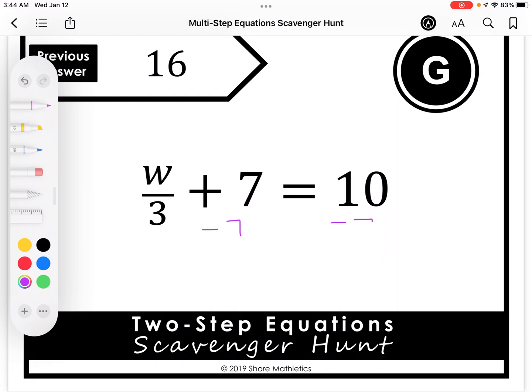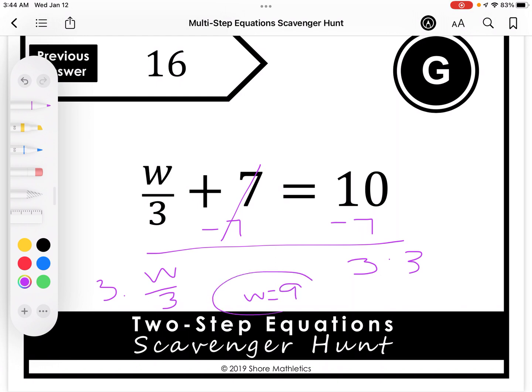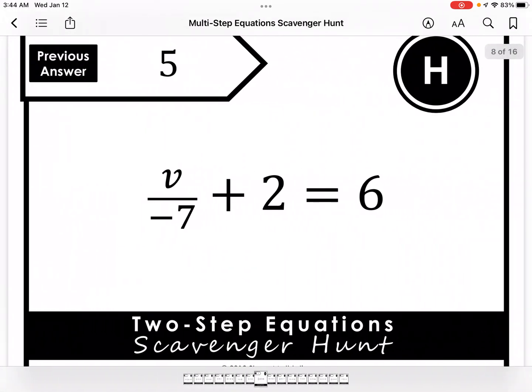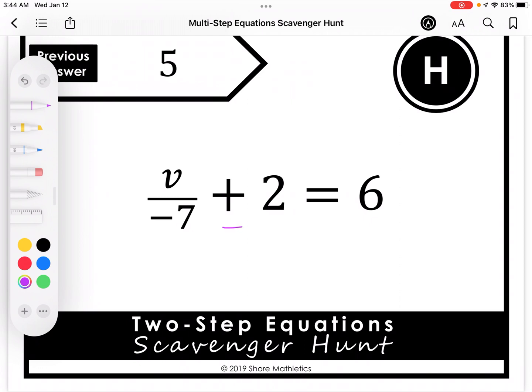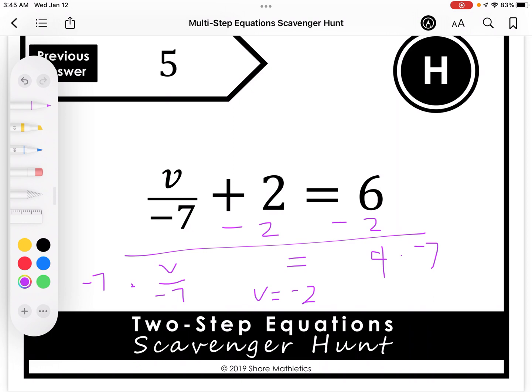Minus 7. 10 minus 7 is 3. W divided by 3, I'm going to multiply by 3 on each side. W equals 9. I'm going to subtract 2 on each side. Multiply by negative 7. V equals negative 28.